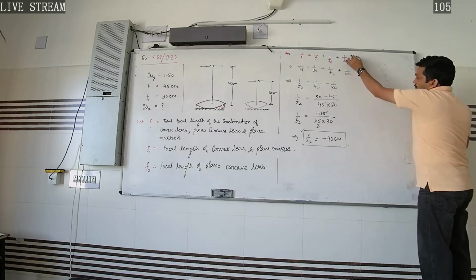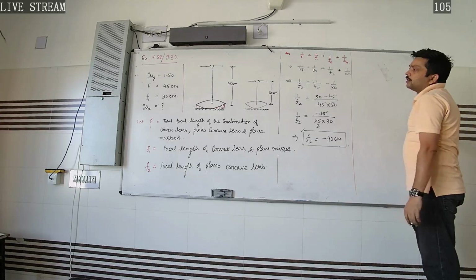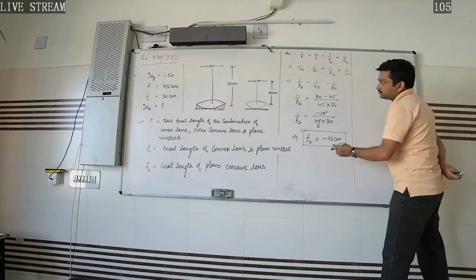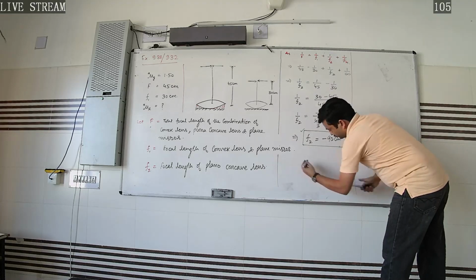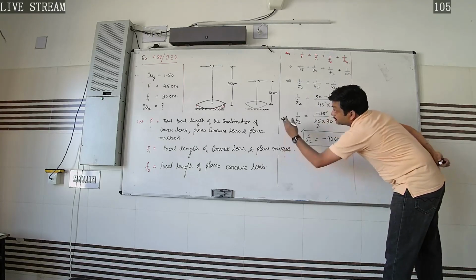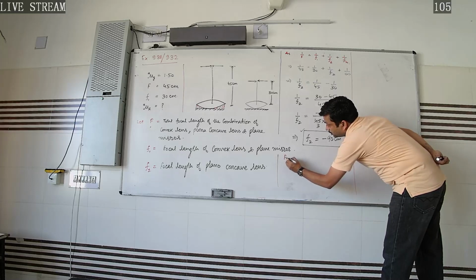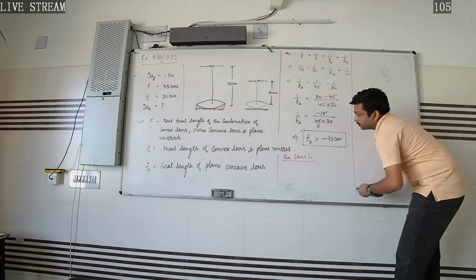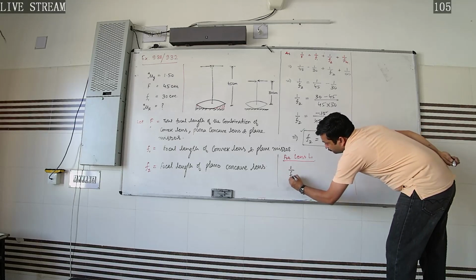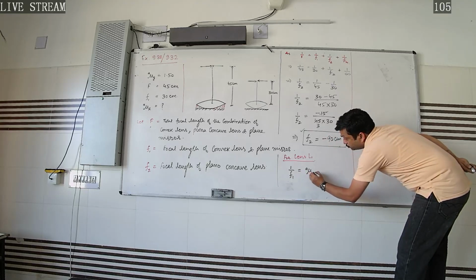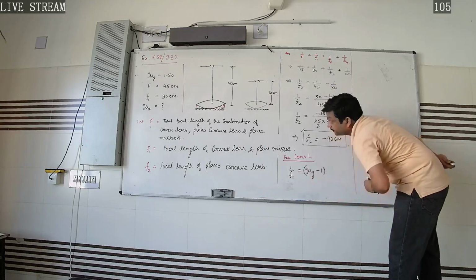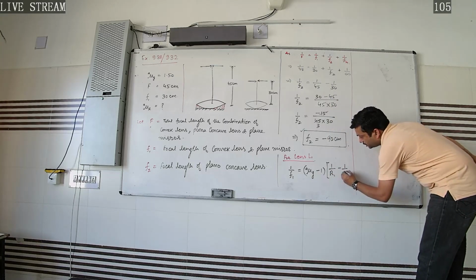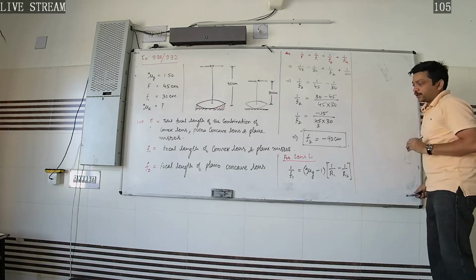Okay, so in the next step, we are going to calculate the radius of curvature. How can we calculate it? Well, as we know, for lens L1, we have 1 over F1 equals aμg, that is the refractive index of glass, minus 1 into 1 over R1 minus 1 over R2, according to the lens maker's formula.